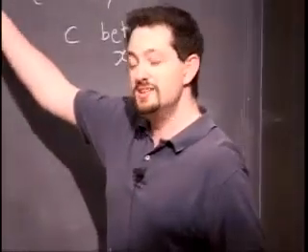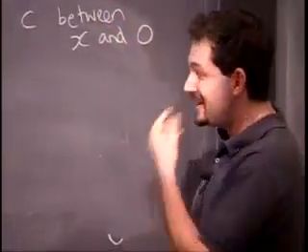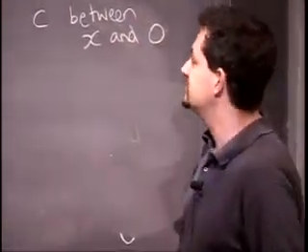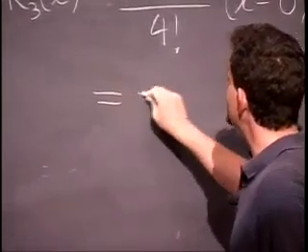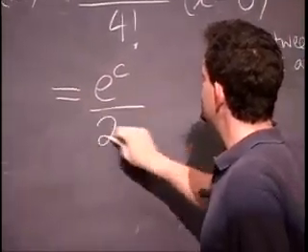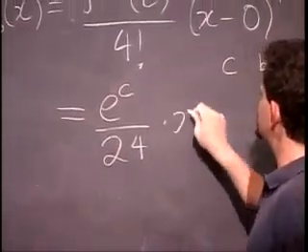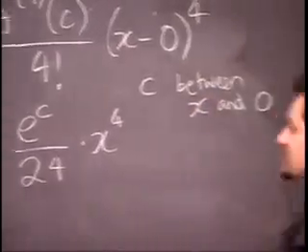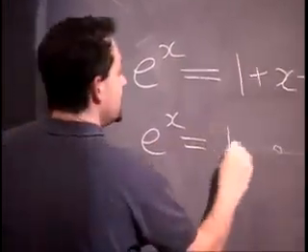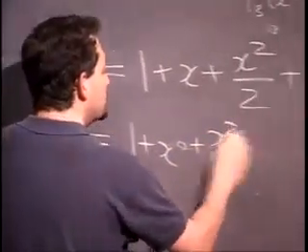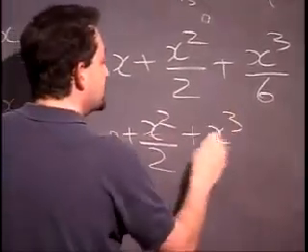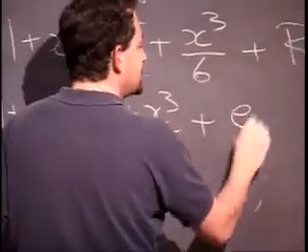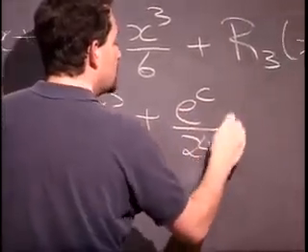Remember, the fourth derivative of e to the x is e to the x. Every derivative is. So this is exactly e to the c over 24 times x to the fourth. So actually, I can say that e to the x is 1 plus x squared over 2 plus x cubed over 6 plus e to the c over 24 times x to the fourth.